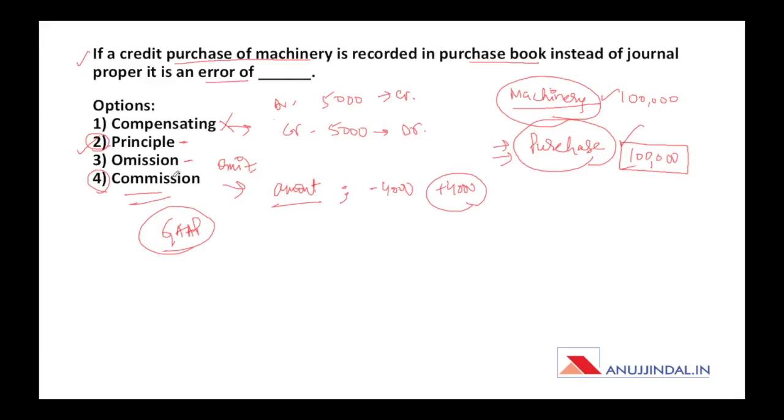So if you're selling cycles, let's say, then whatever purchases you are making for manufacturing of cycles, only those are to be recorded in the purchase account. Purchase of machinery is not to be recorded there because it's an asset. Therefore, this is an error of principle.